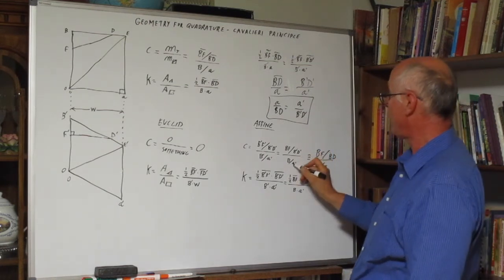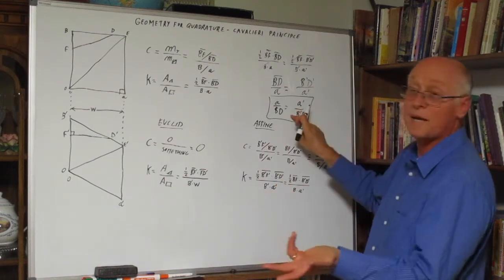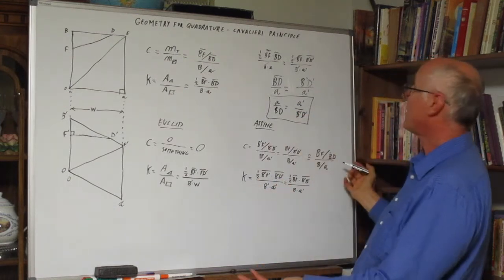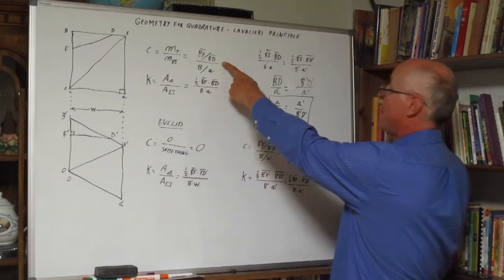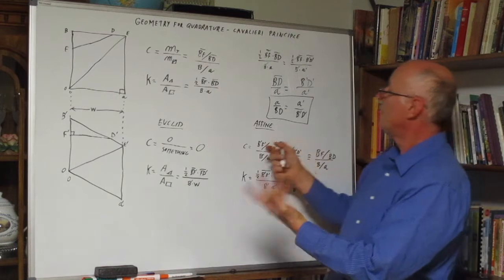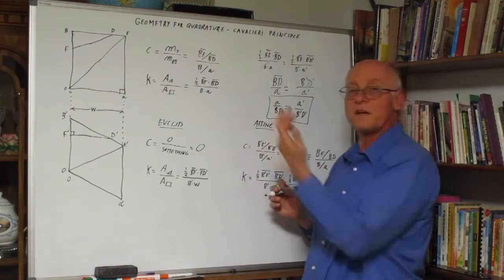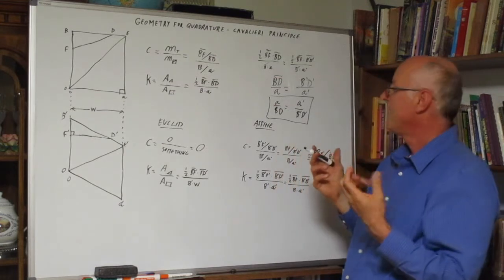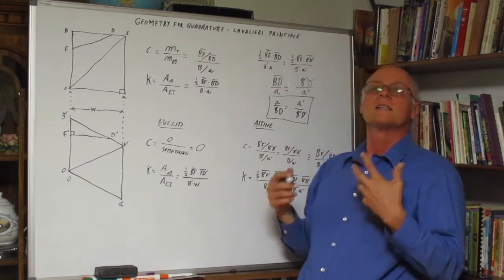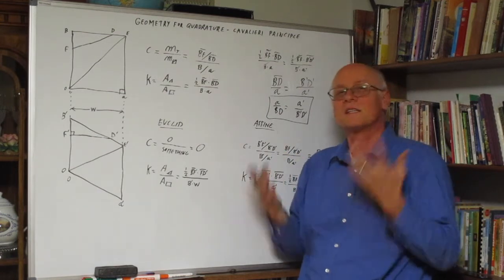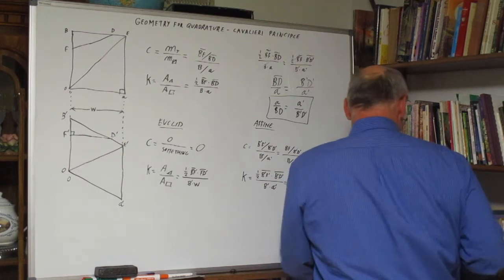B prime D prime over A prime is the same as BD over A. We just established that right here. Now look at this. This is the same as this. So our slope ratio C is invariant. And that's something. It's telling us that from an affine perspective, slope doesn't change. It's invariant. It stays constant under a shift condition.